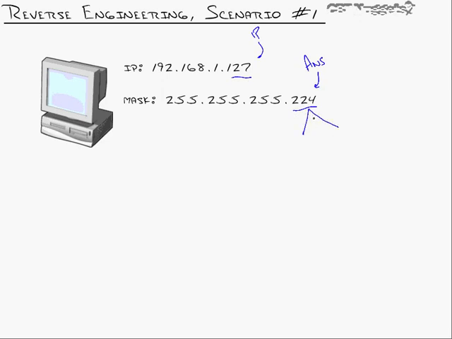The way we do that is take the lowest subnet masked octet, or the non-255 subnet mask, and break it into binary. So 224 in binary, if we were to lay out our binary chart, 128, 64, 32, 16, 8, 4, 2, 1. 224 is actually 1 1 1 0 0 0 0 0.